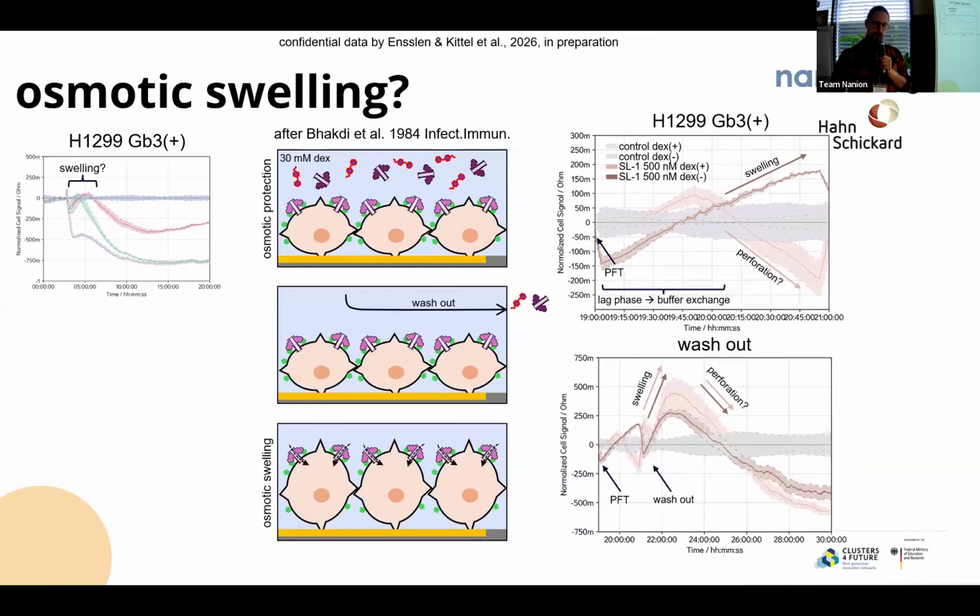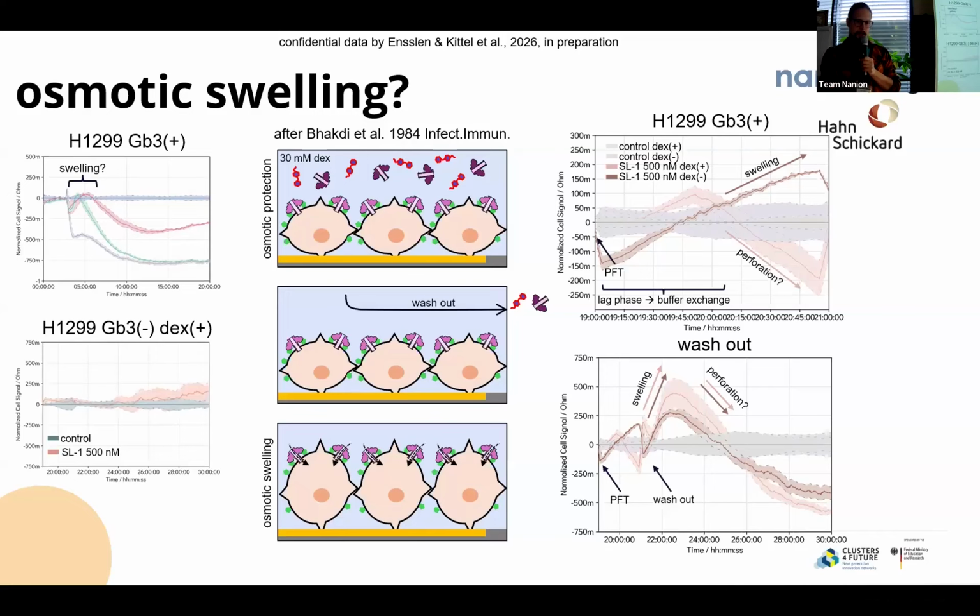And the moment we started to wash out, as expected, we could really see a very strong swelling behavior of the cells which were just perforating in the beginning. So this experiment was a really huge success for us, and it proves somehow that we have here indeed an osmotic swelling behavior. Negative controls for sure were done to show that dextran doesn't have an effect on the cells itself.